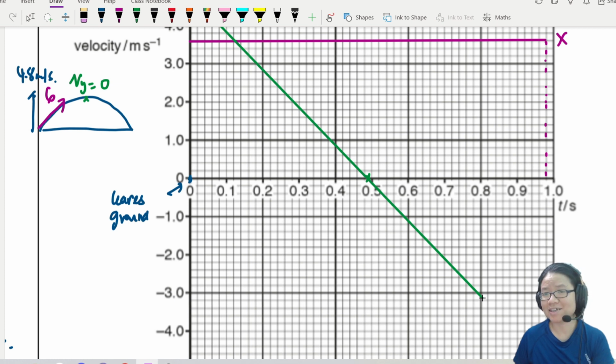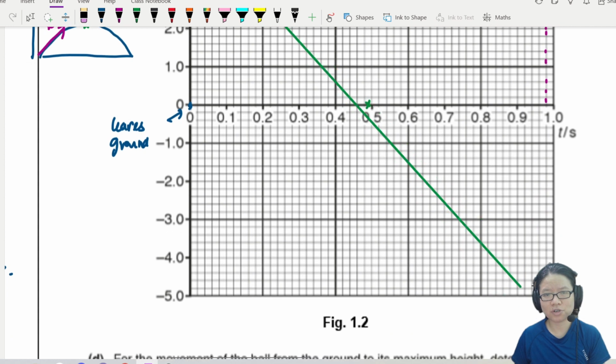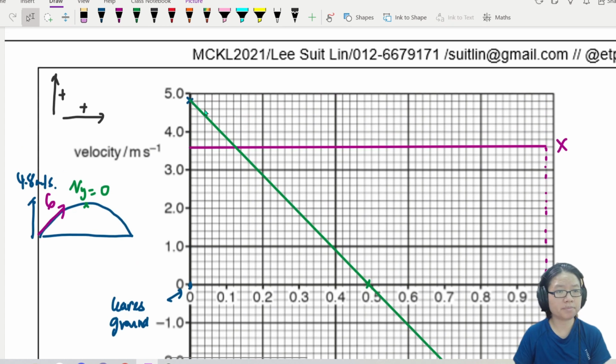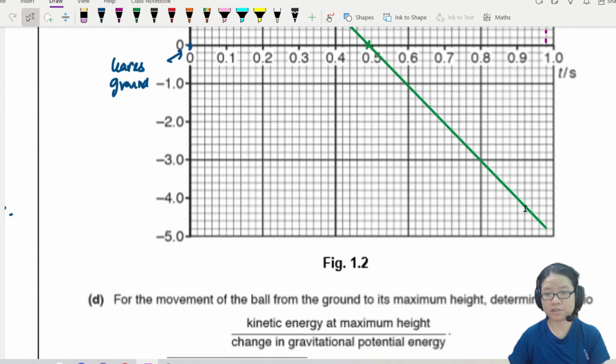Teacher, where to stop? Then you stop at 0.98. So use your ruler with all the courage that you can find in your heart, draw all the way until here. Okay, and if your line is perfect, it should start with 4.8 here, and then end at this coordinate here, which is, y-axis first, 0.98, comma, negative 4.8.